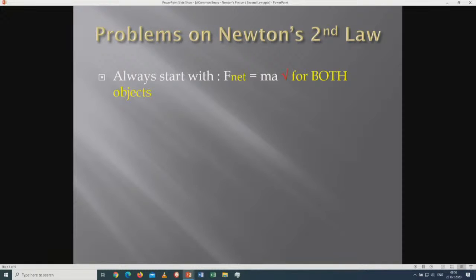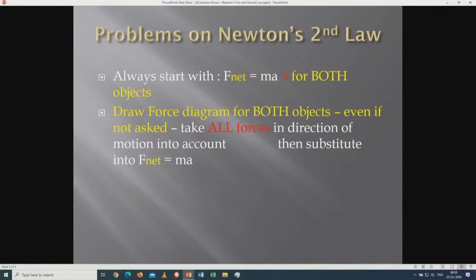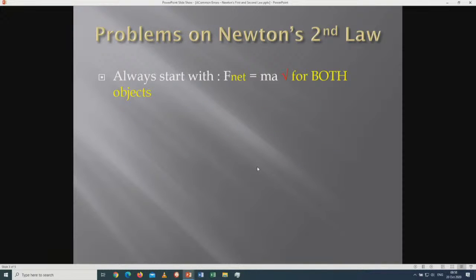Now, Newton's second law in words, let me just go back. Newton's second law in symbols is F net equals ma. Somewhere in your calculations, you must show that you start off with F net equals ma.